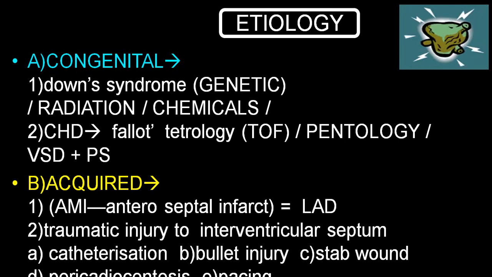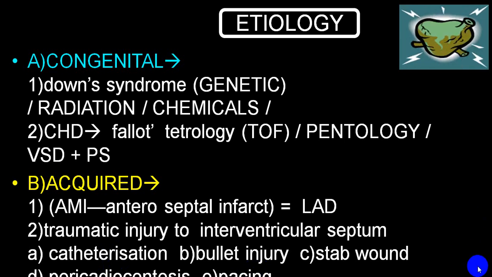That will result in perforation of the interventricular septum. But more common is acute MI rather than other traumatic injuries. Among traumatic injuries, catheterization, pericardiocentesis and pacing are most common.